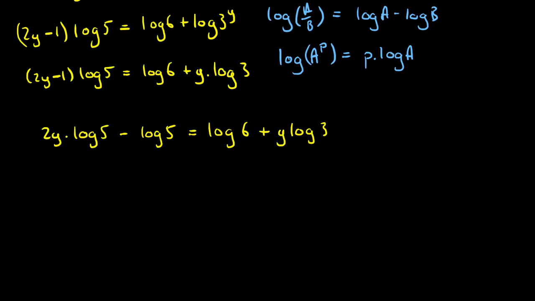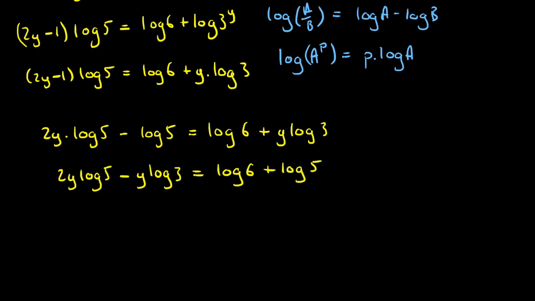I'm going to bring all the y terms onto the left-hand side and all of the non-y terms onto the right-hand side. So I'm going to take that term and move it to the left, and take this log 5 and move it to the right. If I do that, I get 2y log 5 minus y log 3 is equal to log 6 plus log 5. Now I'm going to factorize out the y from the left-hand side.